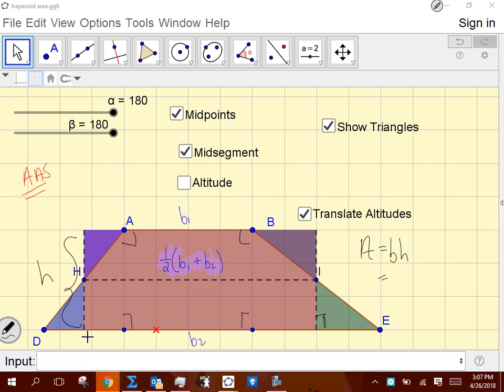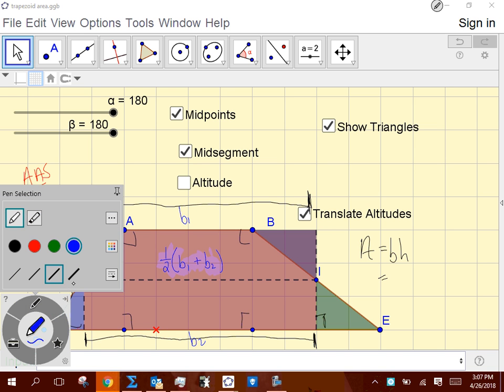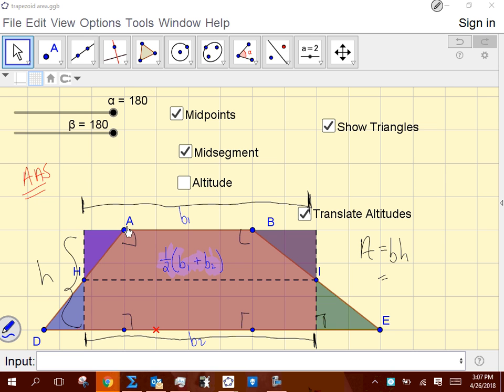What is this distance right here, from there to there, or up here from there to there? What is that distance for the rectangle? Oh, it's in this thing. Yeah, it's that, B1, right?